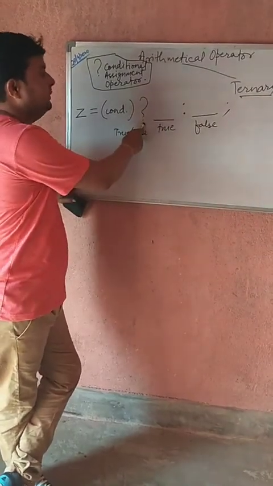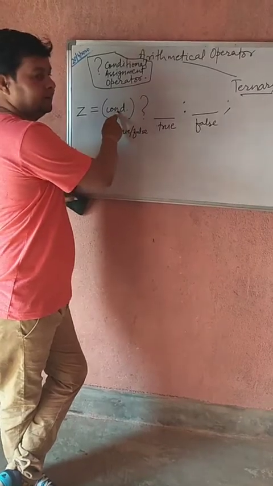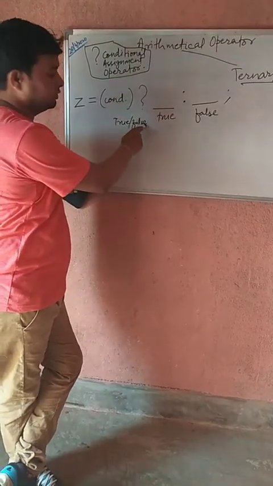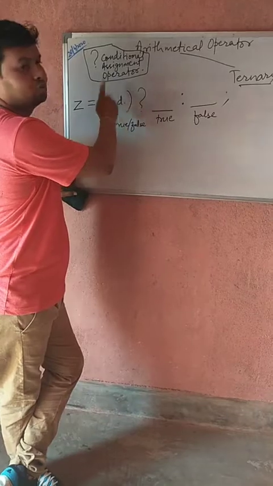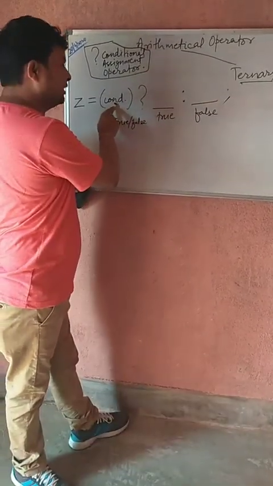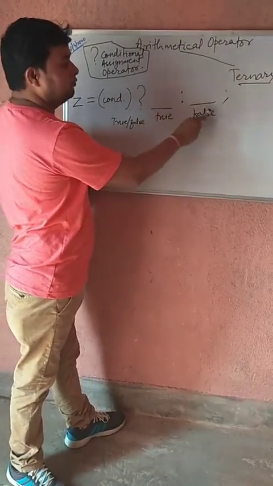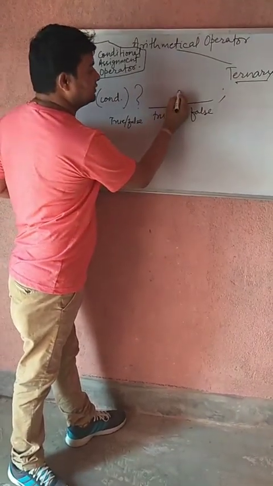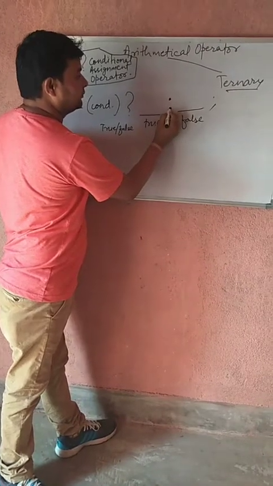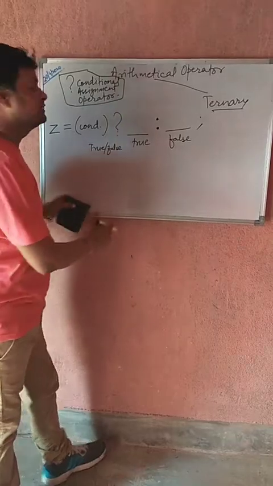This works based on the condition. This condition may be true or false. If this condition becomes true, then it will execute this part. If this condition becomes false, then it will execute this part. True part and false part are separated with colon and finally semicolon. Let's see one example.